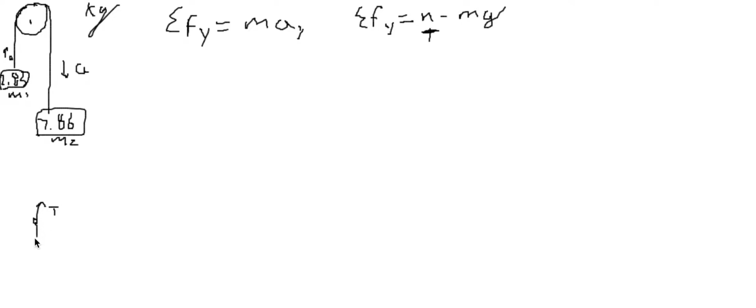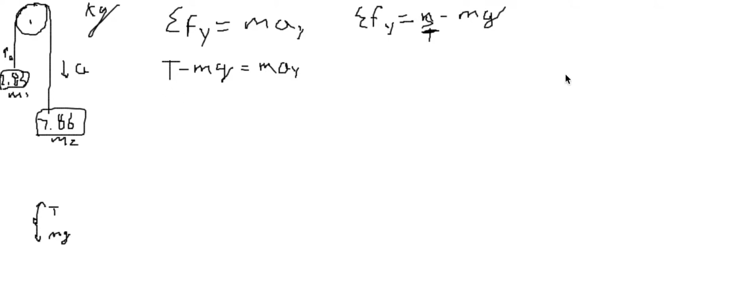Tension, mg. So substituting this part of the equation in, we get T minus mg is equal to m a y.